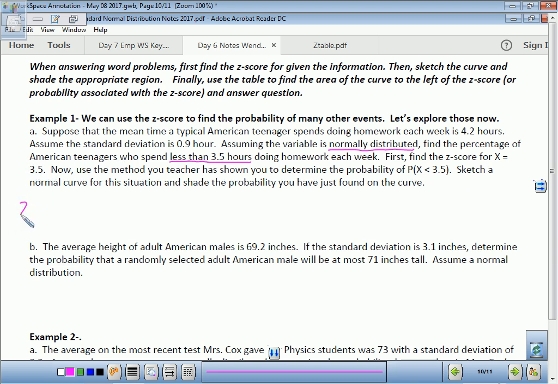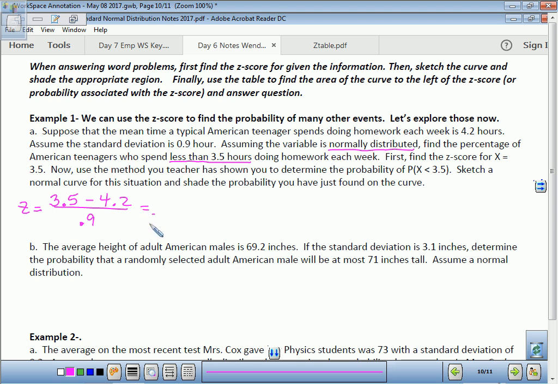So what is the z-score when our data value is 3.5? It's data minus mean divided by standard deviation. That is how we shift it back to 0. So 3.5 minus 4.2, enter, divide by 0.9.